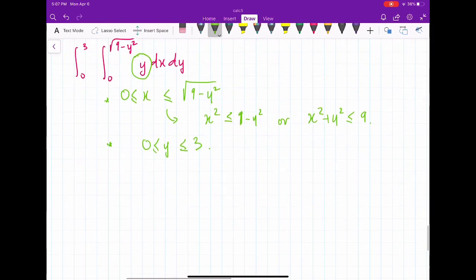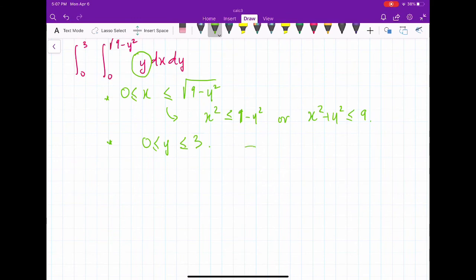So if I draw the circle, I have the following one. This is the circle, center at the origin, radius equal to 3, x is greater than 0, right? So we just consider this part, and y is between 0 and 3. That means we consider this part.